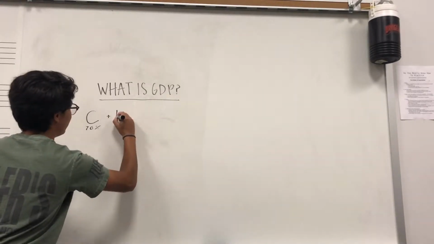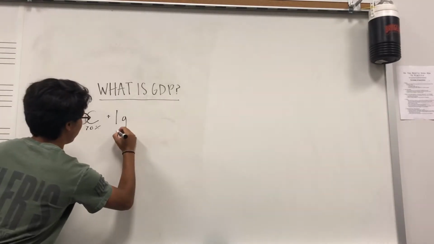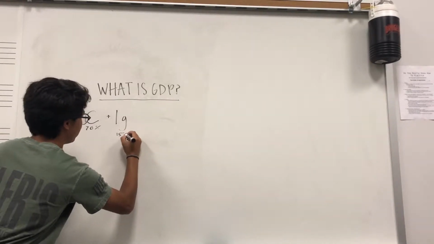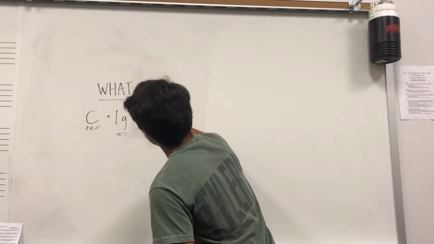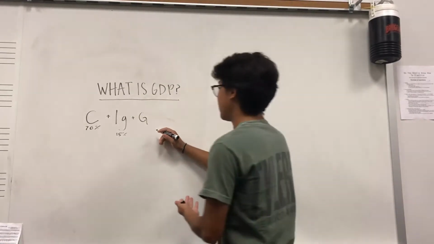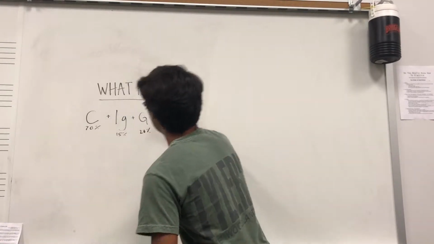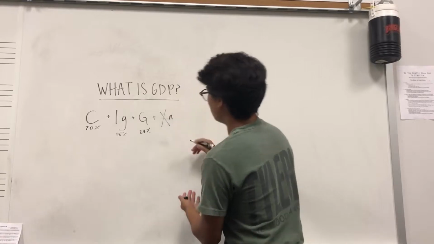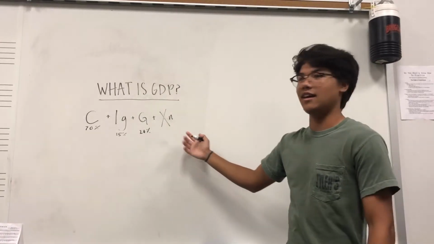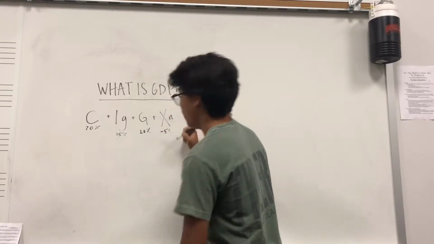There are investment goods, which we label as IG, which account for 15% of the total GDP. There is government spending, which we label as G, that accounts for 20% of our total GDP. And there is our net exports, which we account for as XN, which accounts for negative 5% of our total GDP.